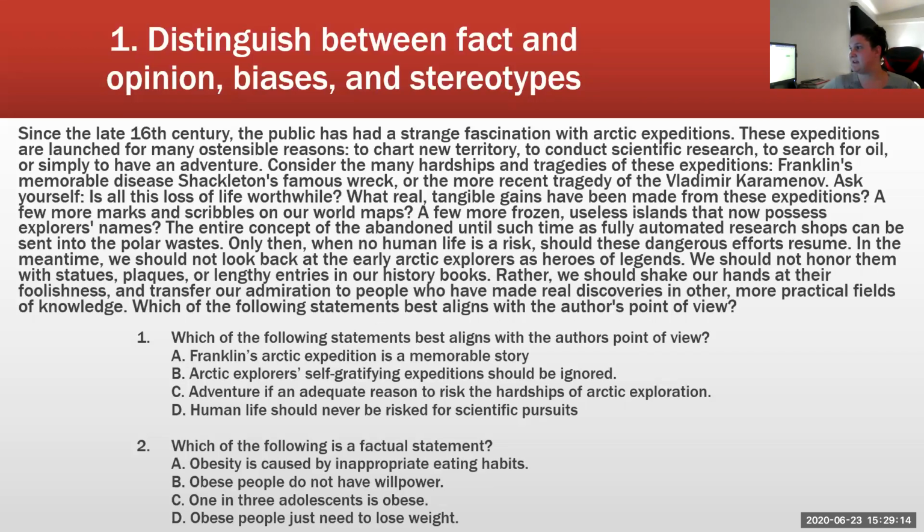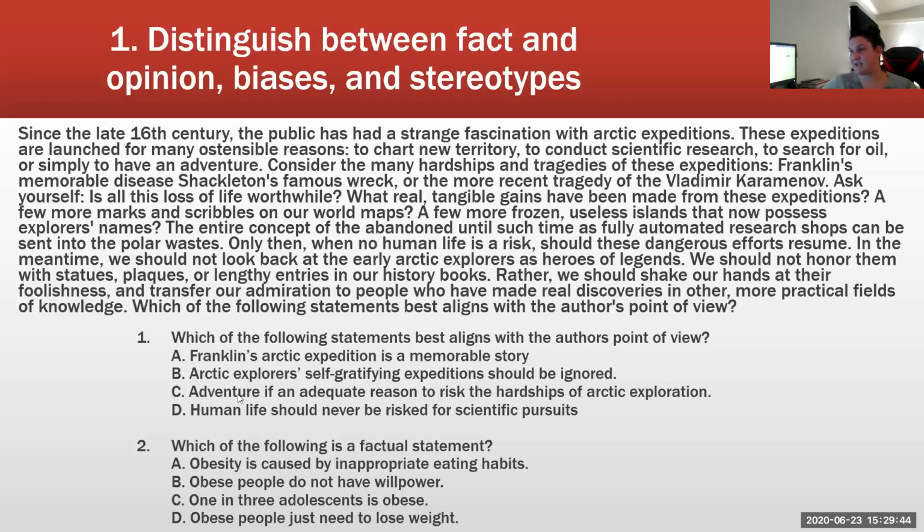I mean, he uses the words useless, ostensible, hardships, tragedies. Human life is a risk, dangerous efforts. The tone is clearly negative here. So for him to talk about how Franklin's Arctic expedition is a memorable story, that doesn't align with the author's point of view.